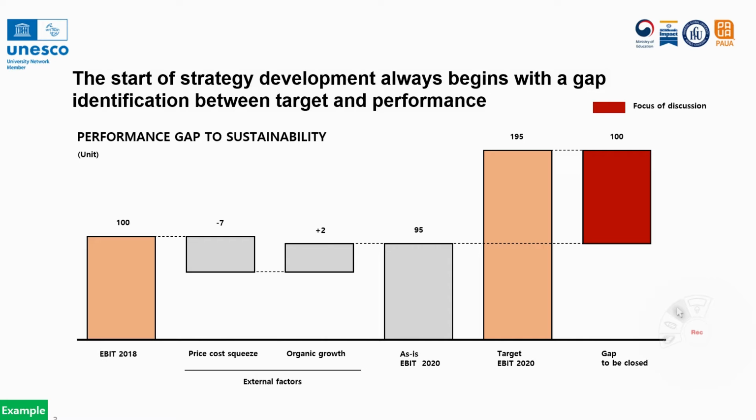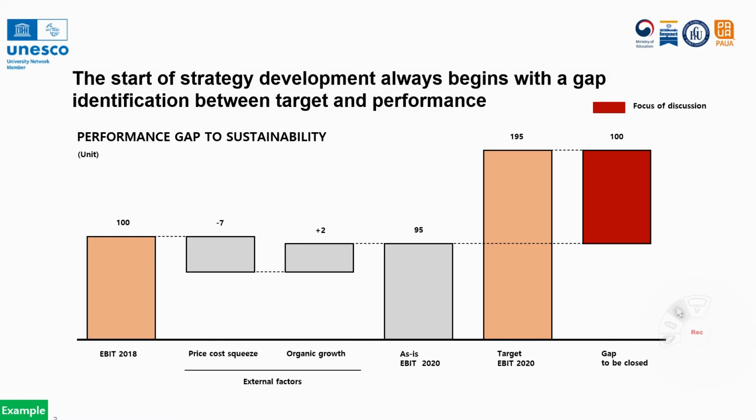The current performance at 2018, the earnings before interest and taxes, is assumed to be 100 units. And then if we do not implement some dramatic strategy, our earnings before interest and taxes in 2020 is expected to be 95.